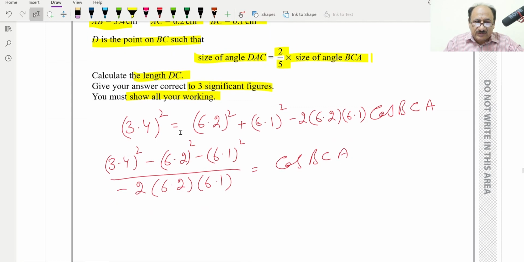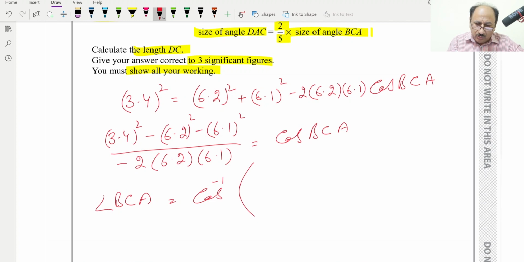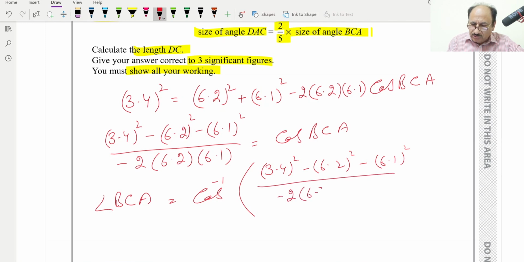Next, angle BCA is equal to cos inverse of this whole thing.